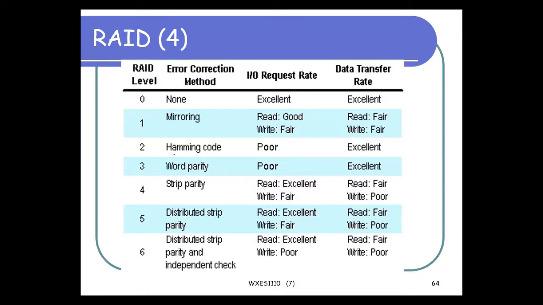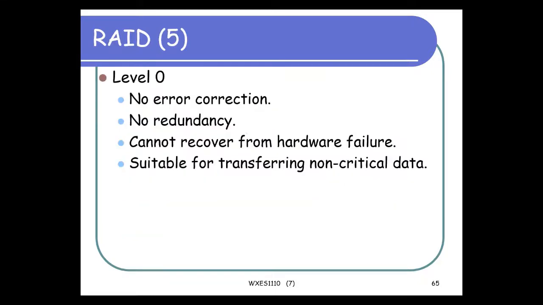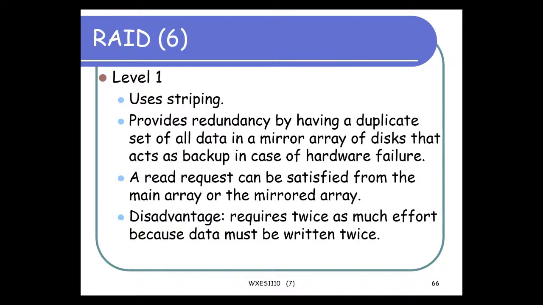And this one uses Hamming code to detect and correct errors. So you have word parity, all to detect errors and to provide better efficiency for the input-output system. So level 0 is no error correction, no redundancy. It's just like a normal system. Cannot recover from hardware failure. Suitable for transferring non-critical data.